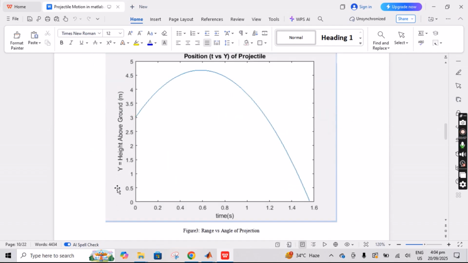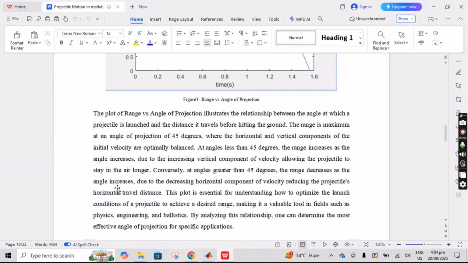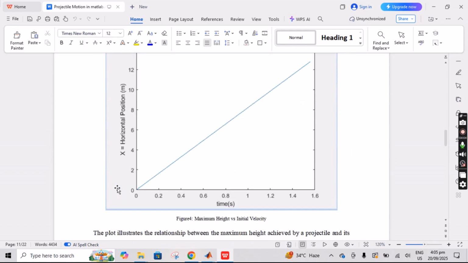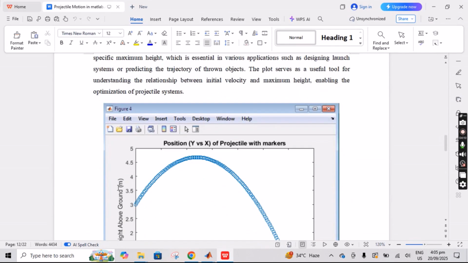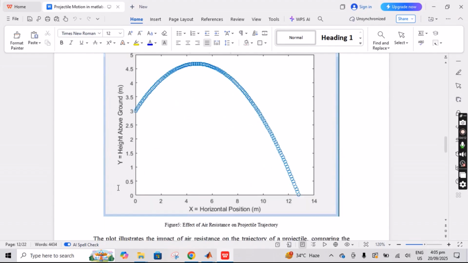Then we have the range versus angle of projection, and the maximum height versus initial velocity. This also shows the effects of air resistance on the projectile trajectory, basically how air resistance changes the direction of the object during projectile motion.